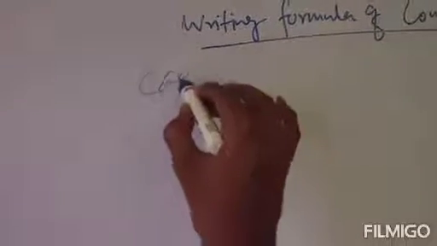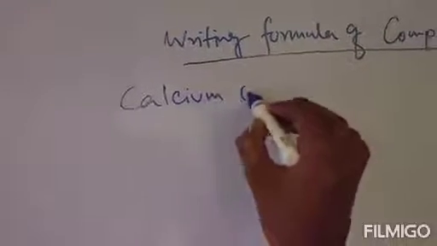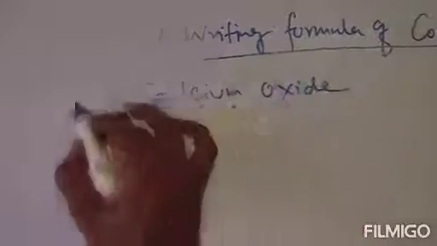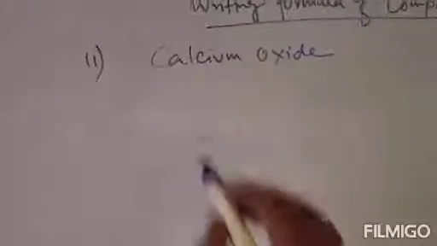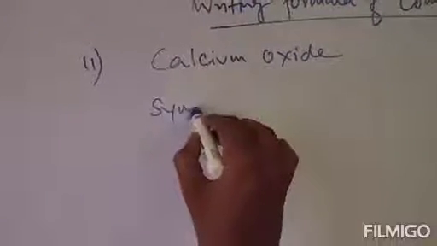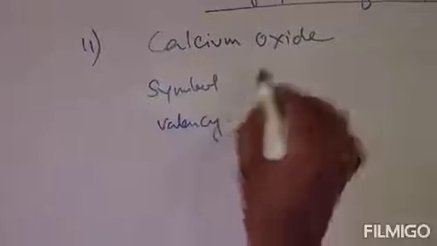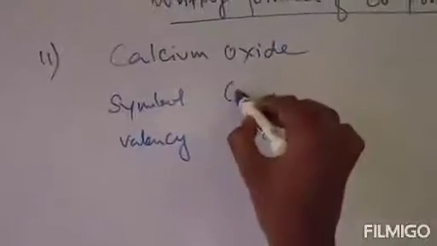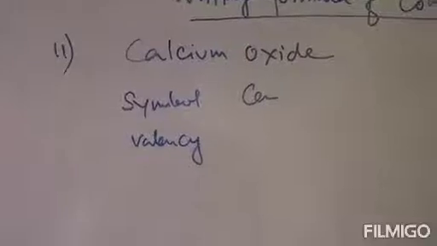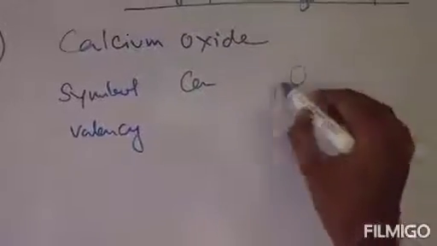Suppose given calcium oxide. Again write the symbol and valency. So the calcium symbol is Ca and the oxide symbol is oxygen.